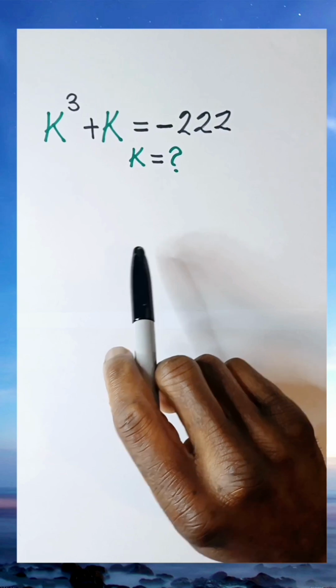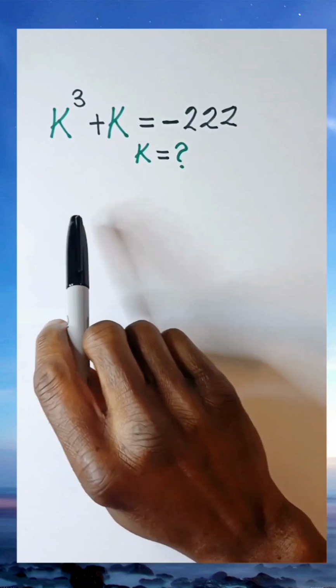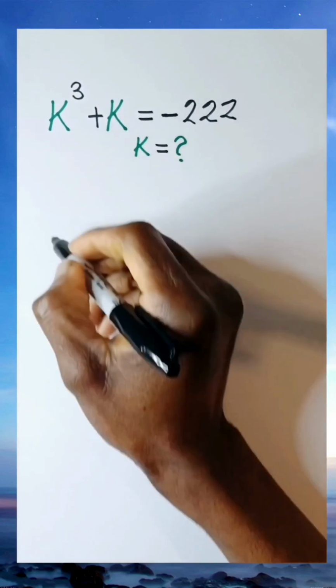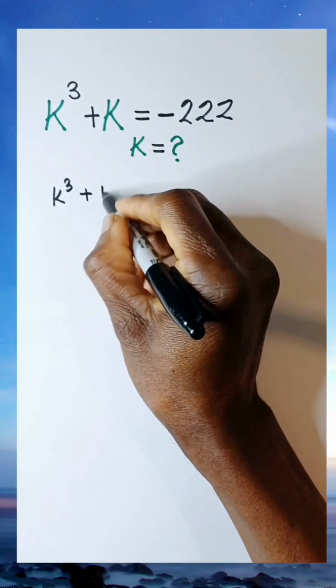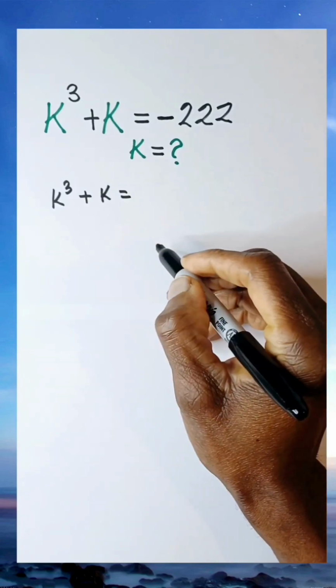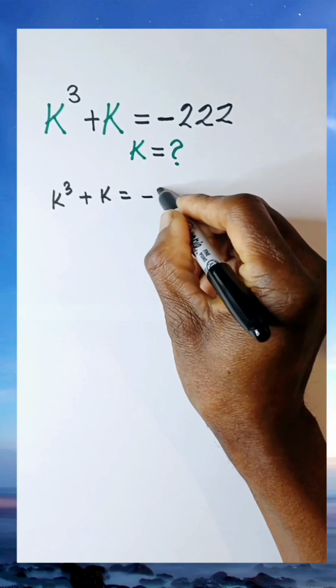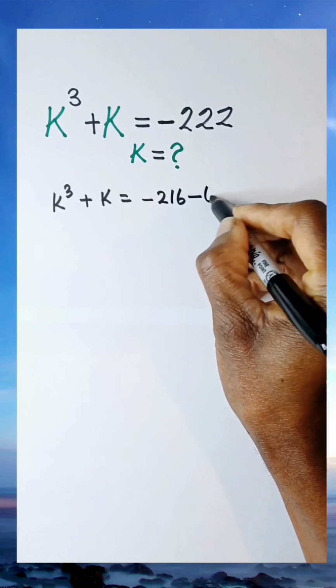Let's begin. As you know, this is a cubic equation. We are going to have three solutions. So here we have k cubed plus k is equal to minus 222. I'm going to write it as minus 216 minus 6.